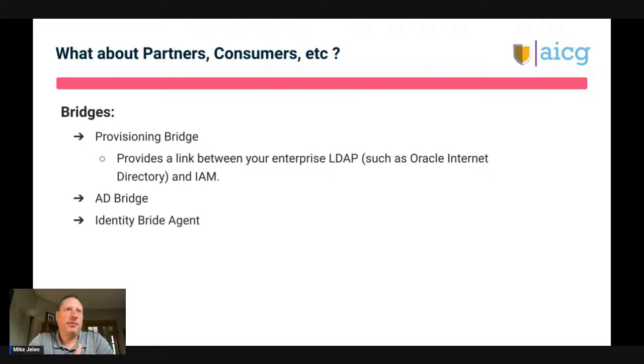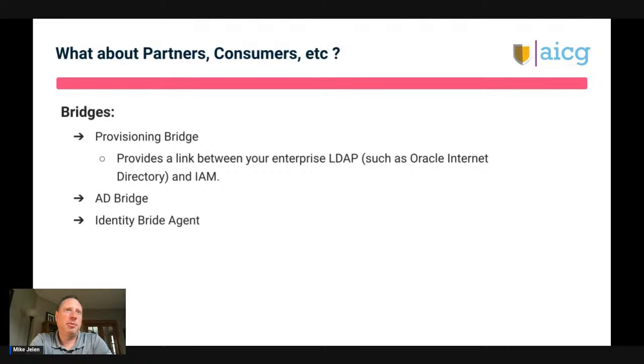When we think of a provisioning bridge, for example, think of anything besides Active Directory. All right, you're going to use your provisioning bridge for that. You have your AD bridge, your Active Directory bridge, if you have on-premise Active Directory. There is the notion of a bridge for the Azure or Entra ID as well.